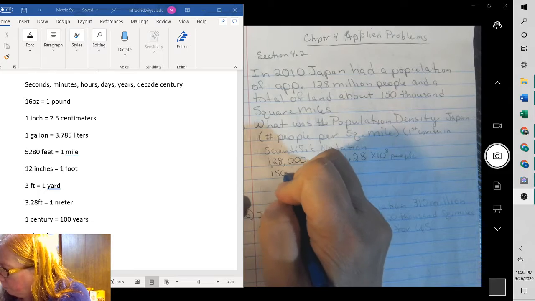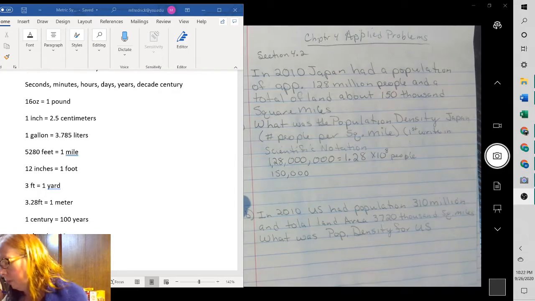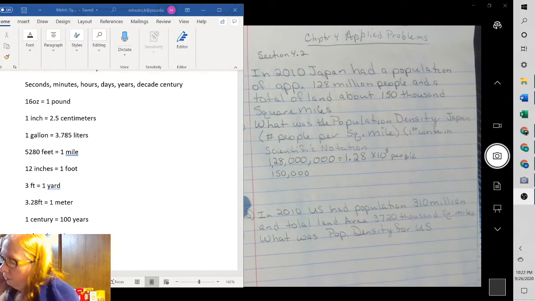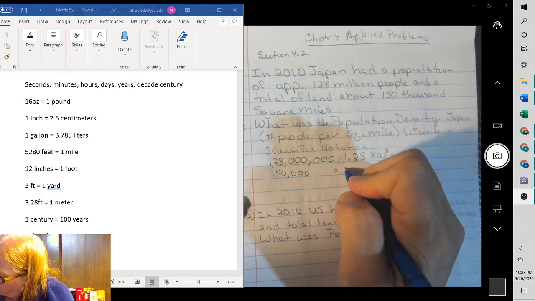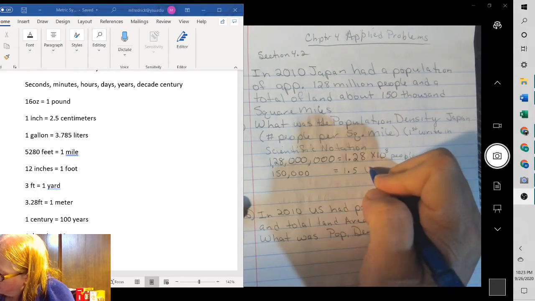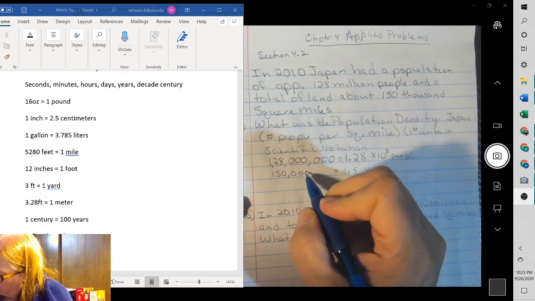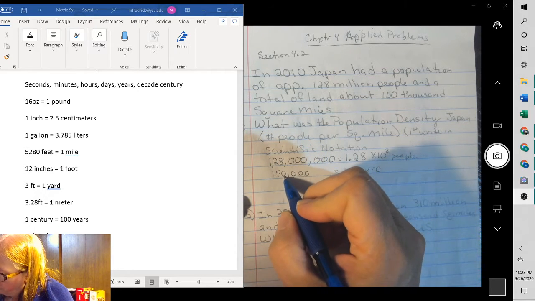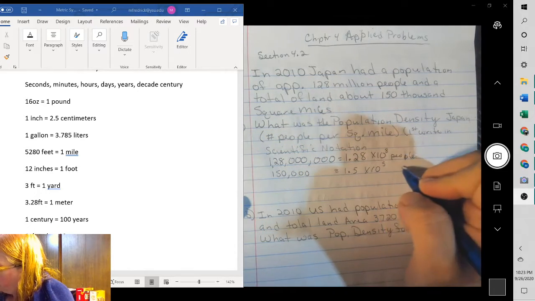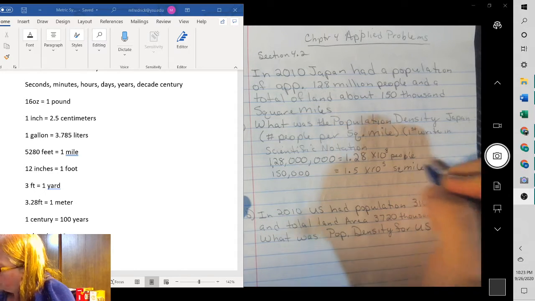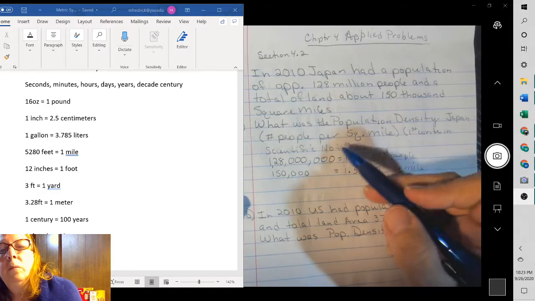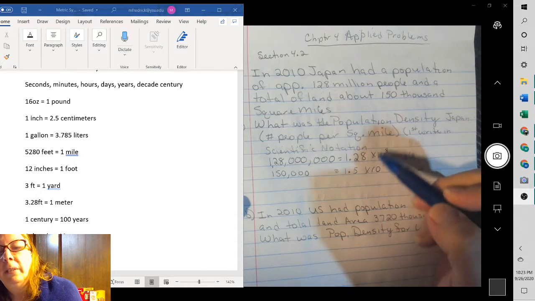$150,000 would just be 3 extra zeros. Scientific notation, 1.5 times 10 to the 1, 2, 3, 4, 5. Now, we said for population density, we divide these.